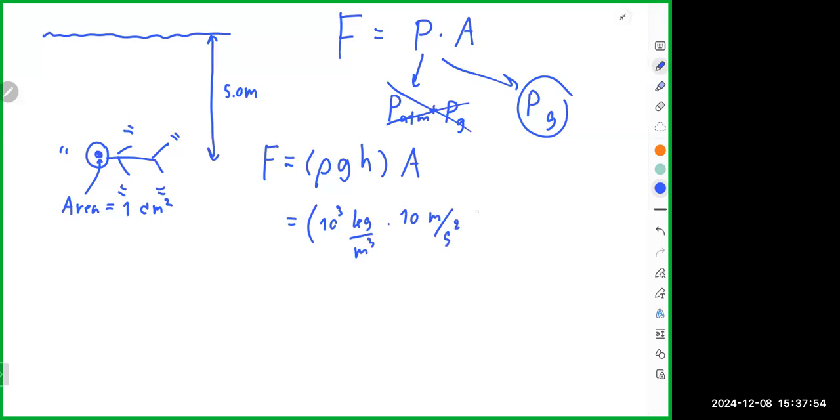H is 5 meters and the area is 1 centimeter square. You would get 5 times 10 to the 4 kilogram per second square and centimeter square per meter.